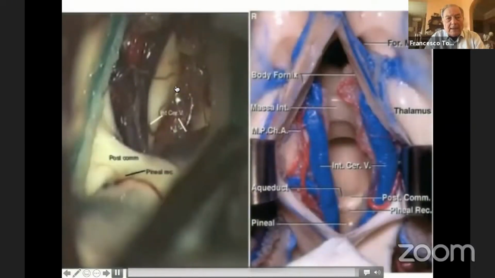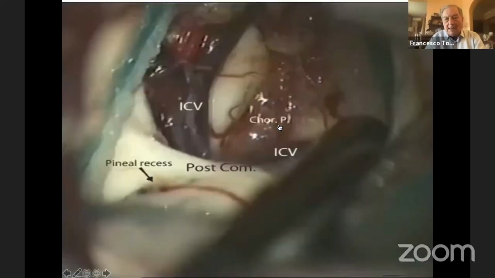So you see from the roof the internal cerebral veins and the choroid plexus. At the end, you can have a look at the Sylvian aqueduct, as in this case. This is what I said before: the internal cerebral vein, the choroid plexus, the posterior commissure, and the pineal recess.